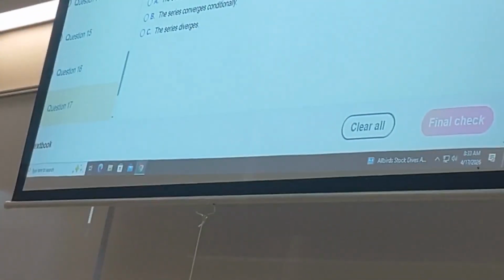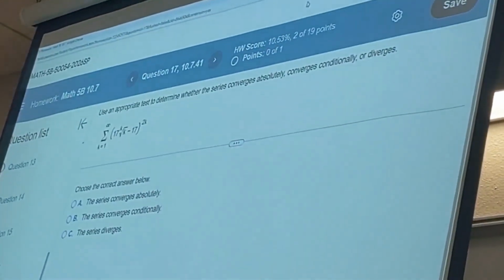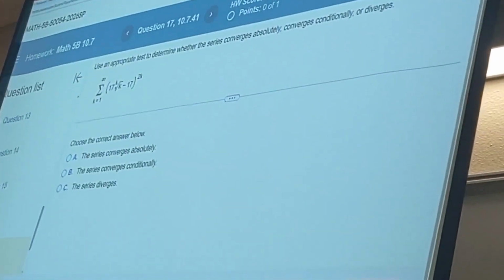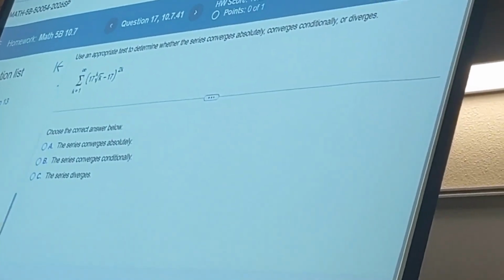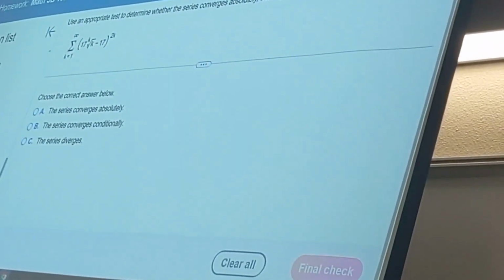We do the root. Did I say ratio test? I'm inclined to do the root test. Yeah, root test, because the kth root will cancel out that kth exponent. All right? Let me write the problem up here.